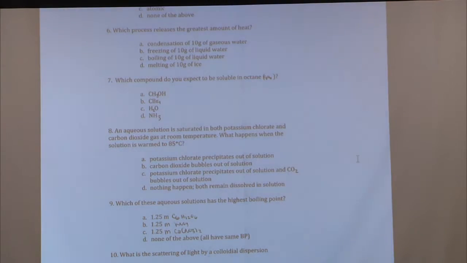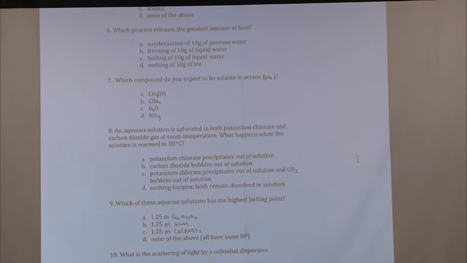Number 8 says an aqueous solution is saturated in both potassium chlorate and carbon dioxide gas at room temperature. And we want to know what happens when the solution is warmed to 85 degrees Celsius. Well, we know from chapter 12 that as we increase temperature, gases tend to evaporate out of solution.